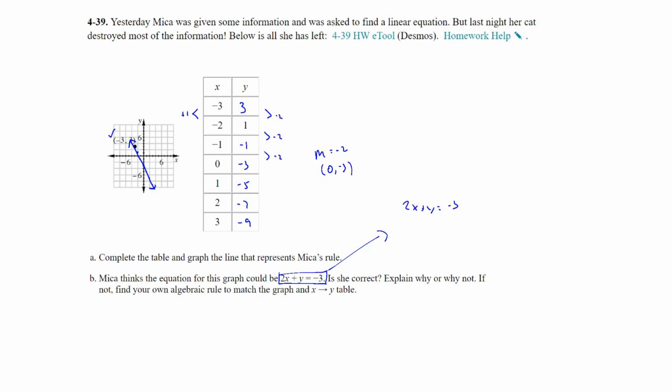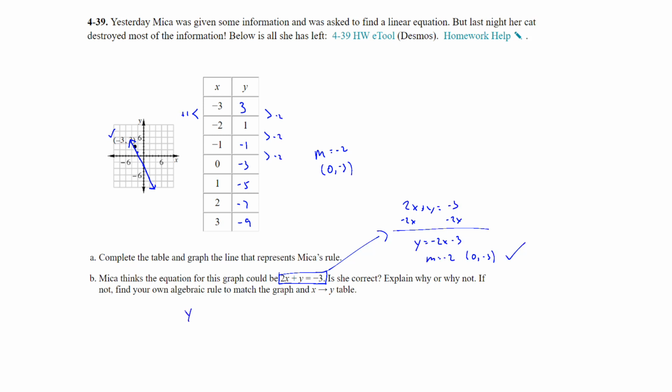Let's see, solve for y, so we just need to subtract 2x, and we get y equals negative 2x minus 3, which means the rate of change or slope is negative 2, with a y-intercept of (0, negative 3), so it does look like she is correct. So is she correct?